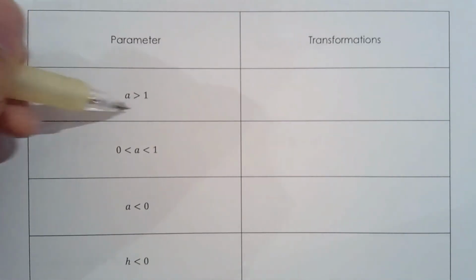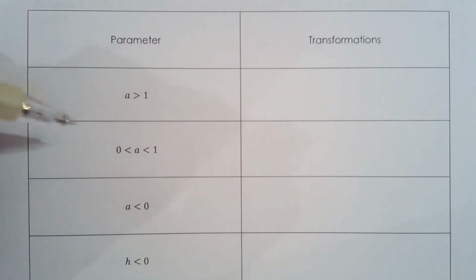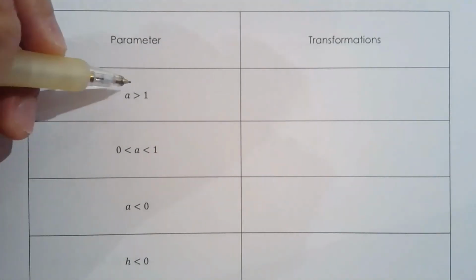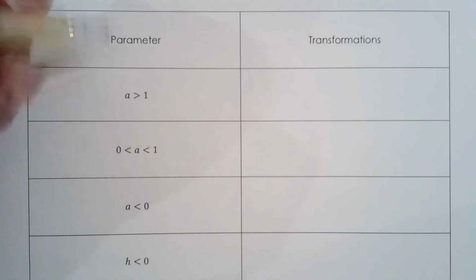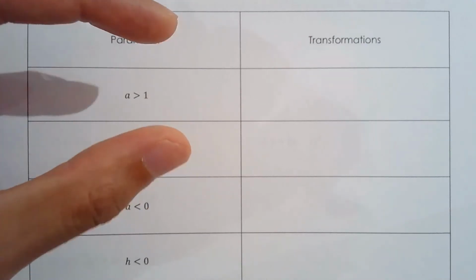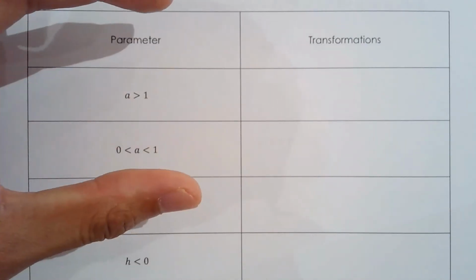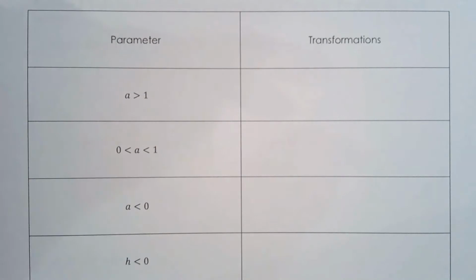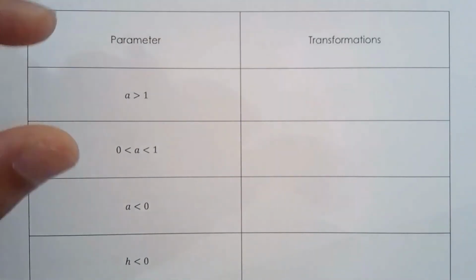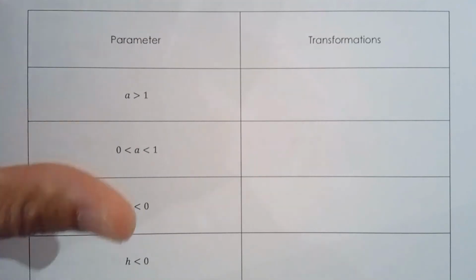So if a is greater than 1, what we have is a vertical stretch. Okay, hopefully you remember when, for example, if a was 2, the vertical distance from the point to the x-axis doubles. So what you see is a narrower parabola. We say that's a vertical stretch because the vertical distance is increased.